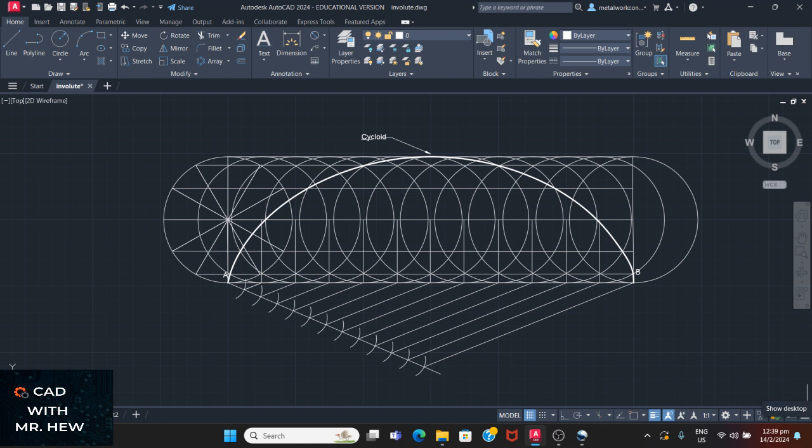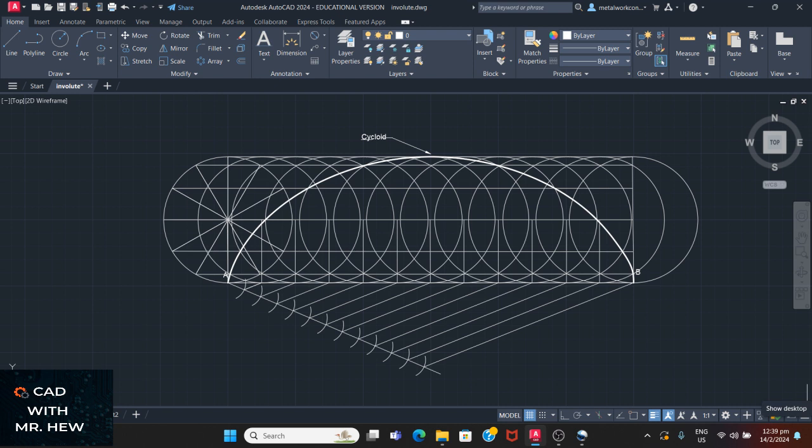We're going to plot the points. So we have 1, 2, 3, 4, 5, 6, 7, 8, 9, 10, 11, 12, back to 1.